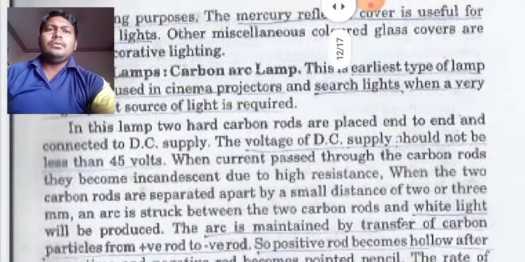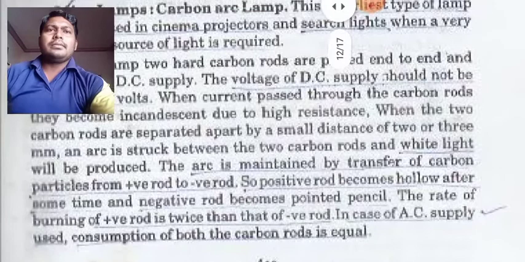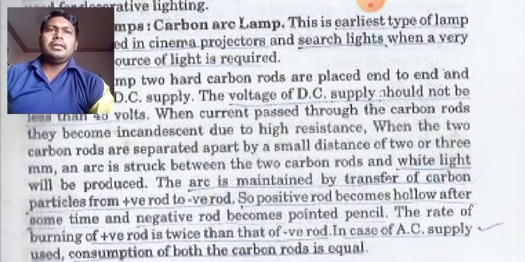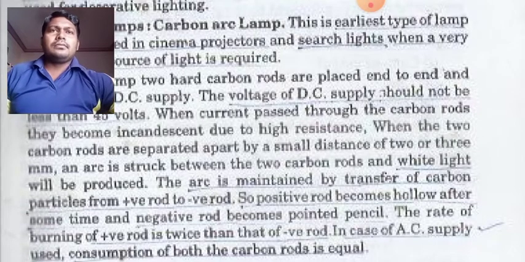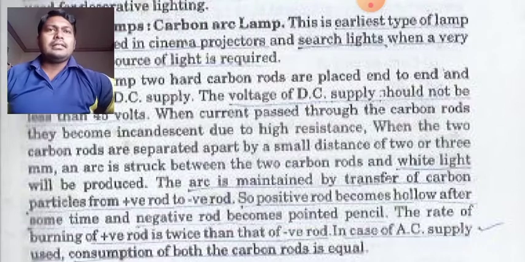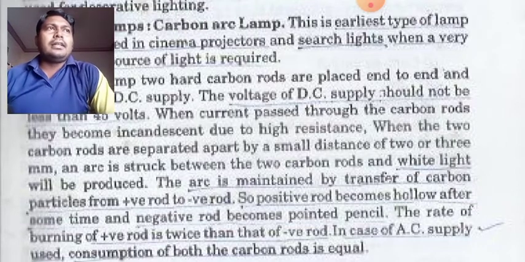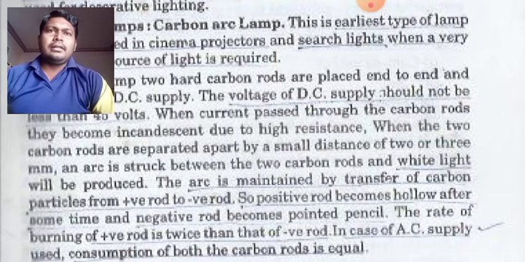When the two carbon rods are separated by a small distance of 2 or 3 mm, an arc is struck. As already illustrated in our arc classes, an arc is struck when a voltage is applied across two electrodes.